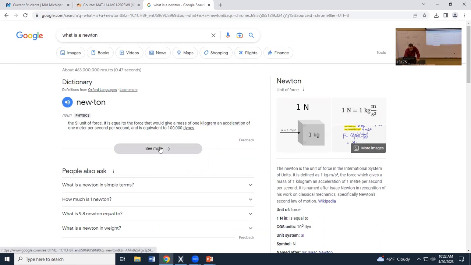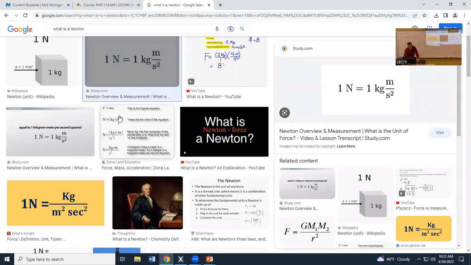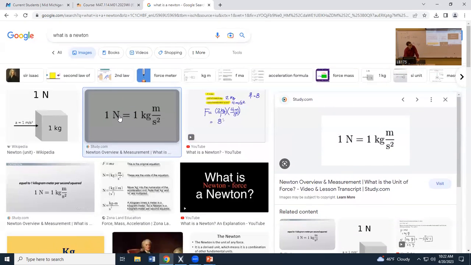Oh, there you go. That's what's known as a Newton. A Newton is a measure of force, and it's 1 kilogram times meters per second squared. Divided by second squared.